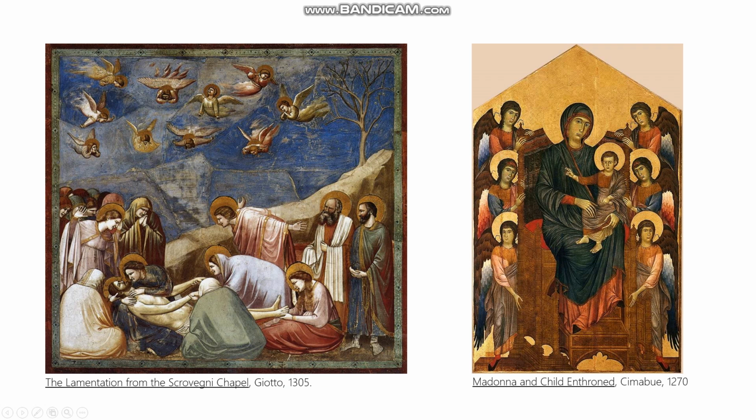The whole passion sequence of Jesus is central to the theology of Christianity. So it is both a religious story with religious moral import, but it's also a description of theology as well. Whereas this painting is much more just a description of theology, about the placement of, or the structure of, heaven, right? It is a scene of the Madonna enthroned in heaven with Christ seated on her knee.